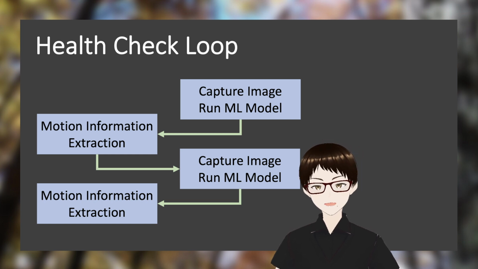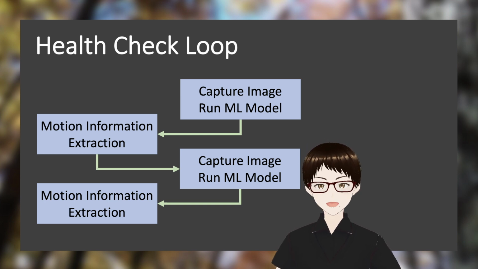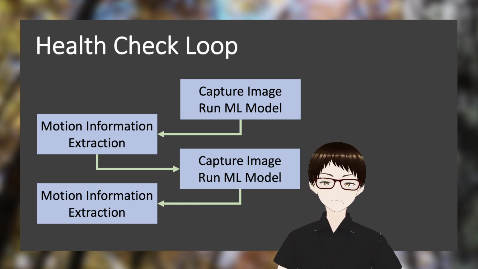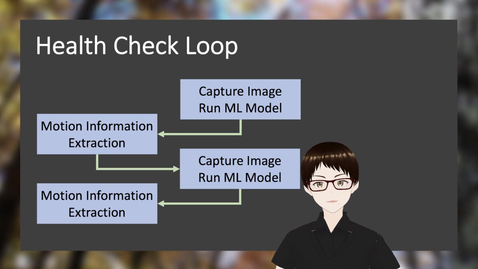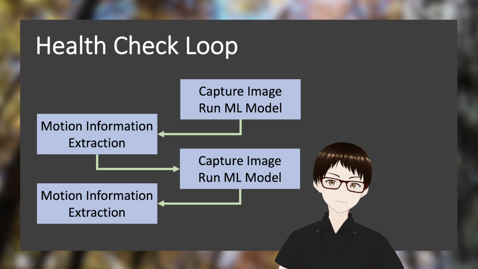Right, so before we started improving anything, OpenLive3D used a ping pong way of processing. We capture the image from our video and then throw that into our machine learning model in a different thread.